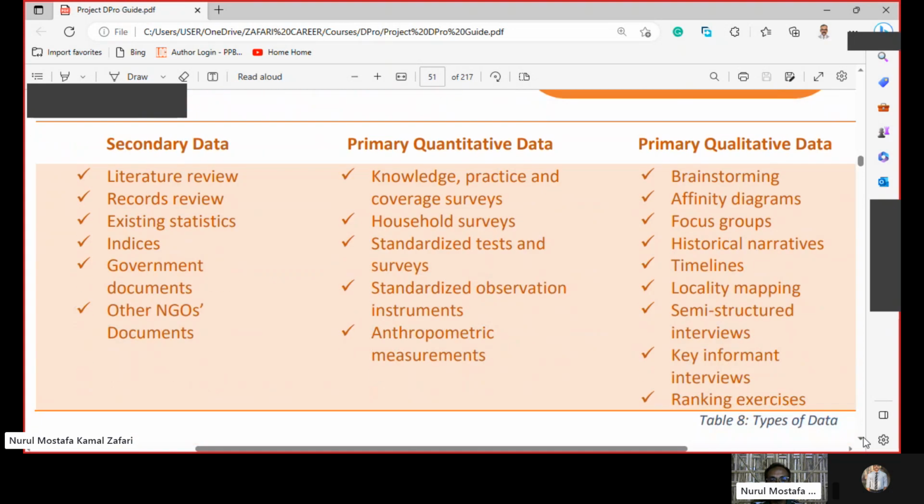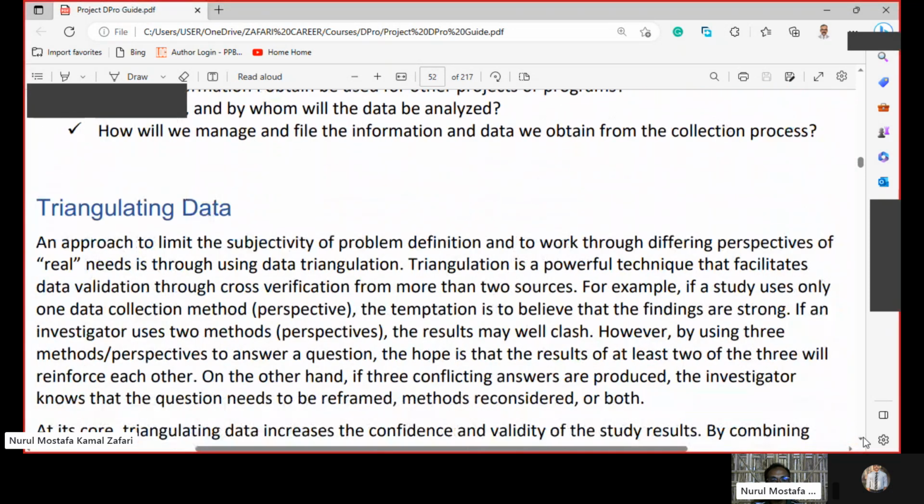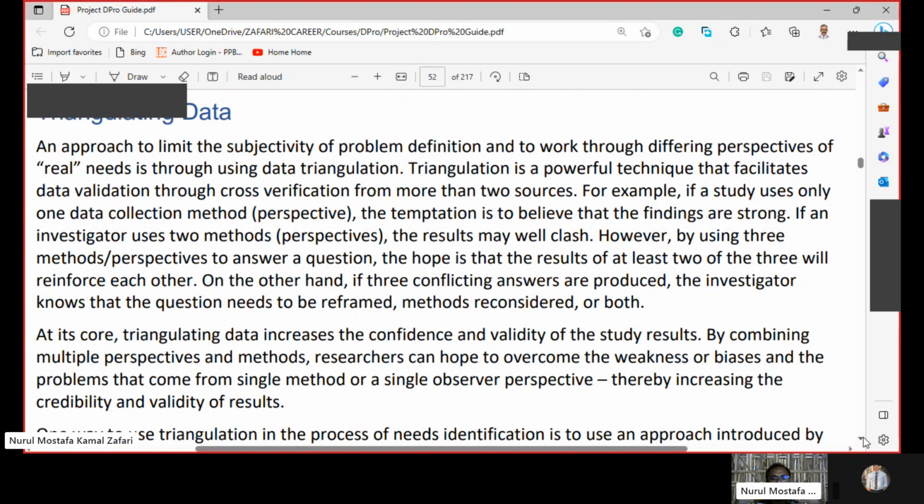And the data triangulation is the thing where we support one data with another data, so that the data is reinforced and it can build a very sophisticated and comprehensive and holistic data-driven decision in terms of framing the report for needs assessment, and this need assessment will be treated with high regard as it has more data, and the data are reinforced by other data.